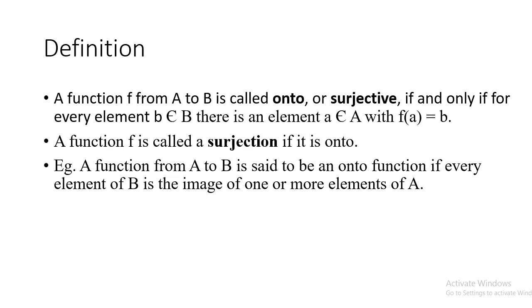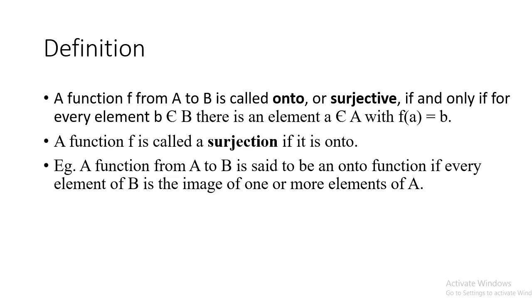In the case of one-to-one, we say it is injective, but if it is onto, we say it is surjective. Likewise, a function f is called a surjection if it is onto, and in the case of one-to-one, a function f is called an injection if it is one-to-one. Understood? That is the difference between one-to-one functions and onto functions.